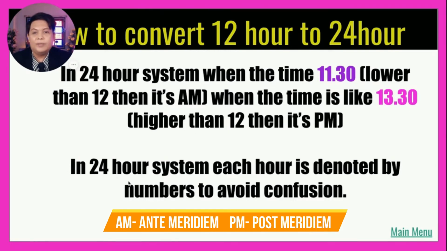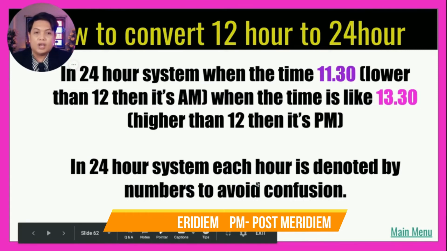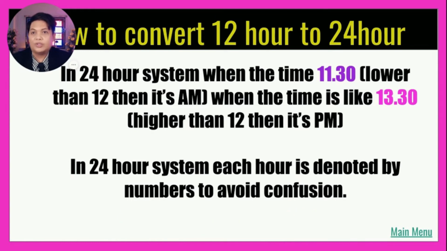In the 24-hour system, each hour is denoted by its own number to avoid confusion. For me, I guess the 24-hour clock system is better than the 12-hour clock system, because if the number is more than 12, it means it's PM already. When is your flight leaving?